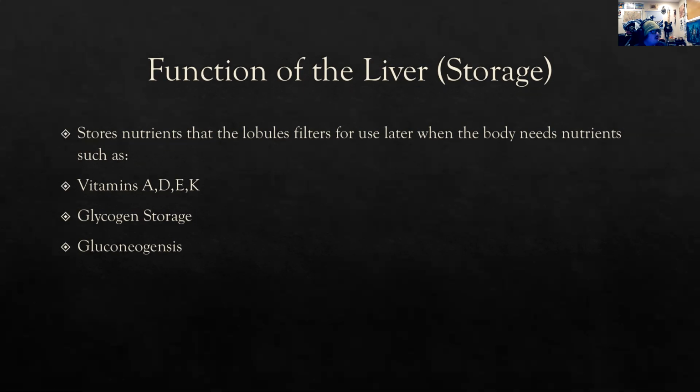The liver stores nutrients that the body can use for later. So vitamins A, D, E, K. K is potassium. That's a very important one as well. Glycogen storage. It stores glycogen, which is crucial for when the body needs extra energy and you don't have another energy source. The liver plays a pretty important role there, having that storage in place.